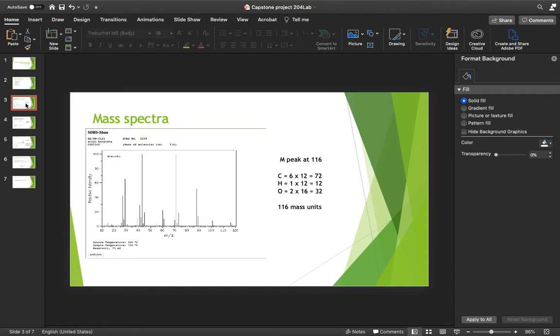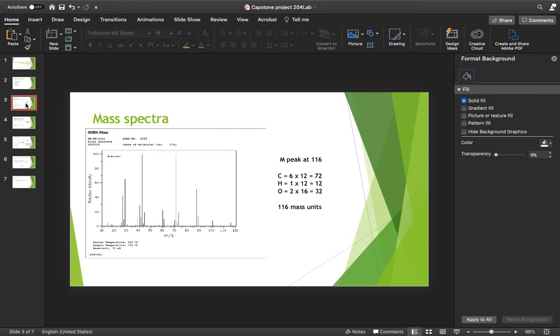But if you did not know the formula already and had to work backwards from the M peak, you would see that with an M peak at 116 and knowing that there are 2 oxygens, you would subtract 32 from 116 and get about 84.